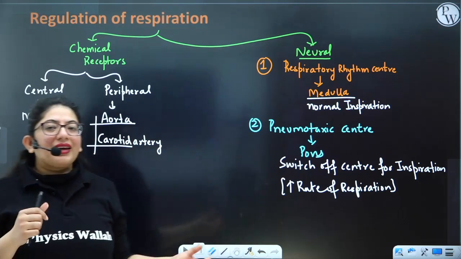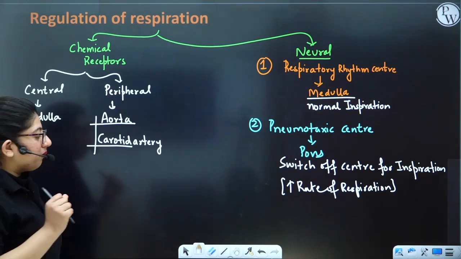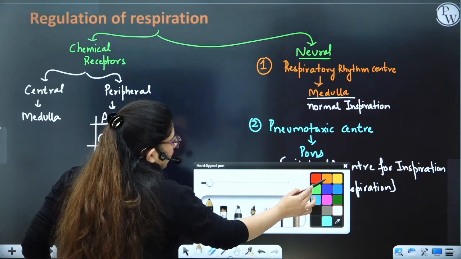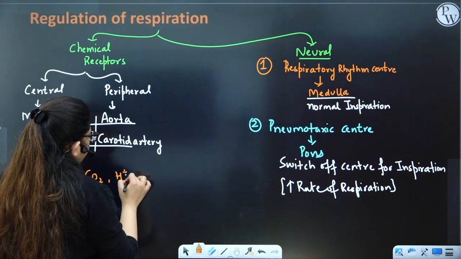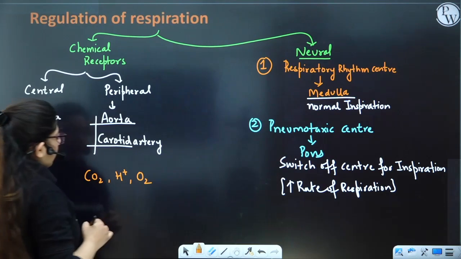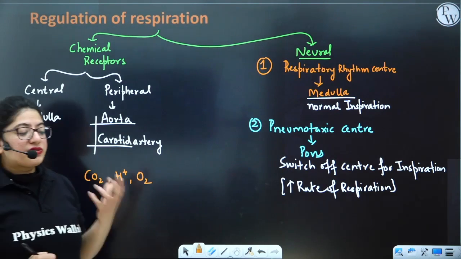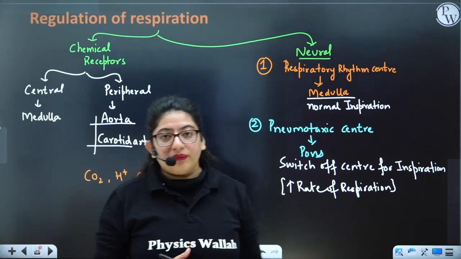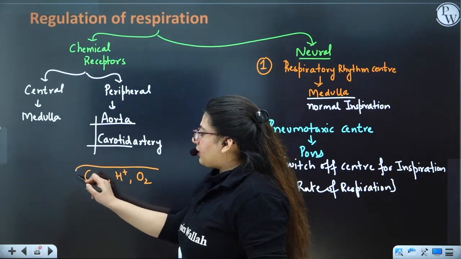So all these are carrying some chemical receptors. Now what chemicals are to be detected here? We have three things: CO2, H positive ion, and oxygen. H positive ion is formed by the reaction of CO2 with water. You need to tell your body about the concentration of all these three.